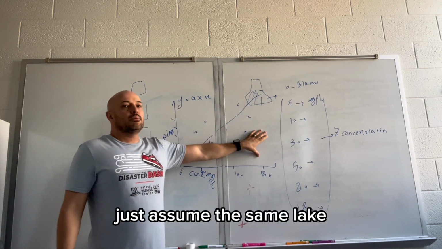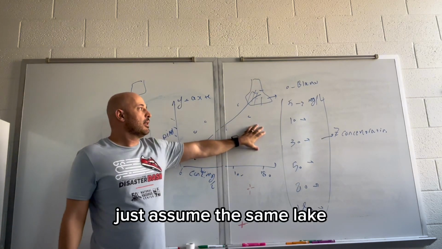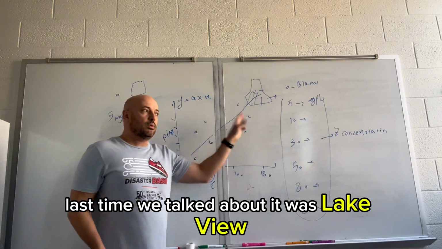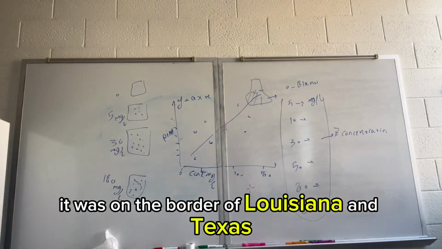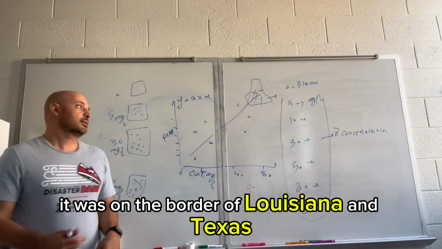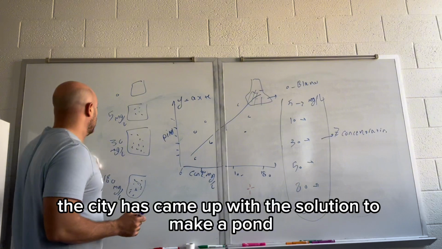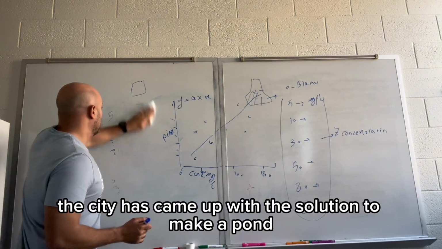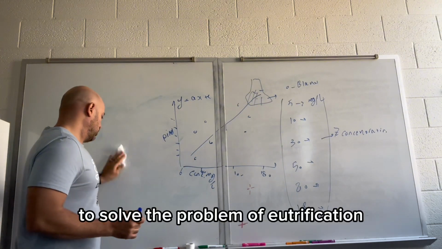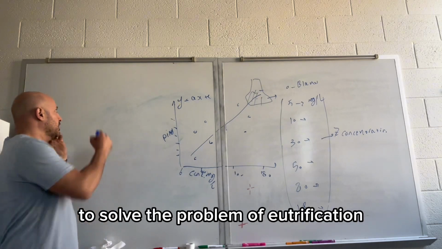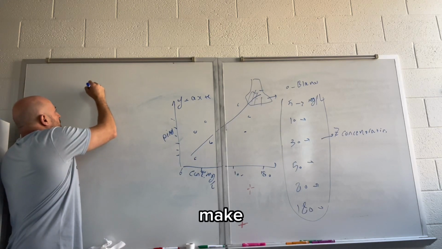So just assume the same lake we talked about last time, Lakeview. It was on the border of Louisiana and Texas. The city has come up with a solution to make a pond to solve the problem of eutrophication.